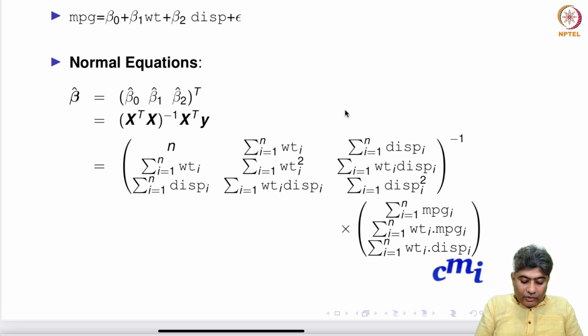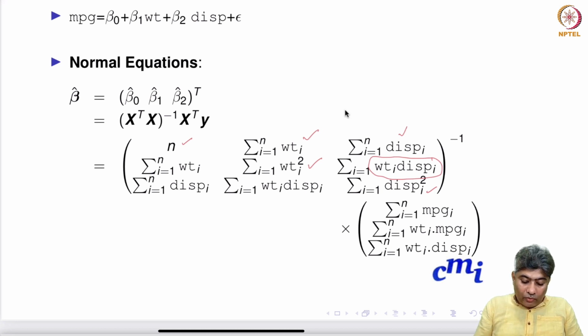So you can see the first will be n, second will be the summation of weight, third will be the summation of displacement, then again the weight square and displacement square, and this will be the cross product of weight and displacement.